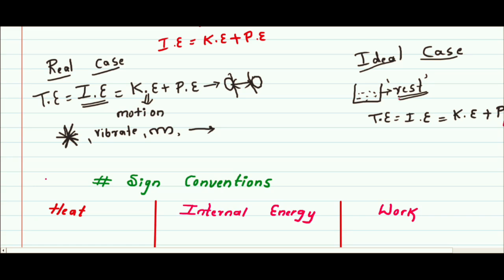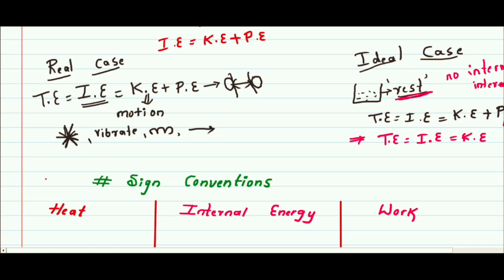If the molecules are at rest, then there will be no intermolecular interaction. Hence the potential energy is equal to 0. Therefore, for the ideal case, total energy is equal to internal energy, and internal energy is equal to kinetic energy. Hence the internal energy in the ideal case is completely kinetic in nature.